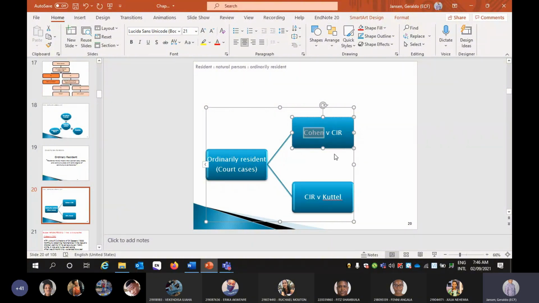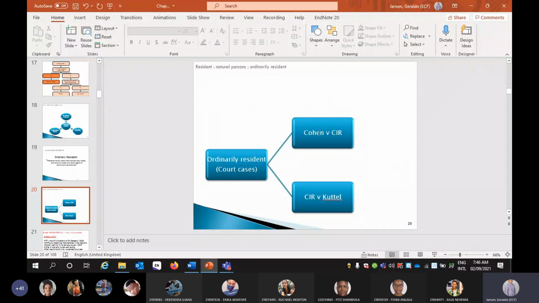And it's very important that you get the order correct, because it was Mr. Cohen that actually challenged the Commissioner of Inland Revenue. Here, it was the Commissioner of Inland Revenue that challenged Mr. Kittel. So if you put Kittel here and CIR there, I'm also marking you wrong, because then it means you have the principles wrong.